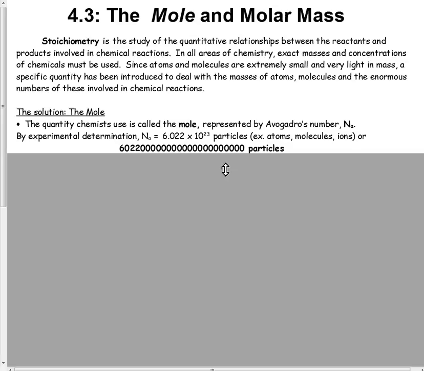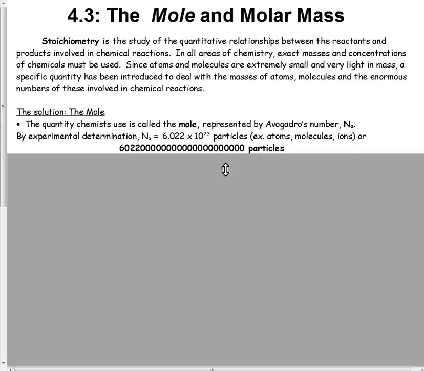It's scientifically based, of course, and the determination of this number that you see before you has been verified in lots of different ways. The mole is really a number of particles. A mole, denoted by Avogadro's number, capital N sub little a, by experimental determination, is approximately 6.022 times 10 to the 23 particles.